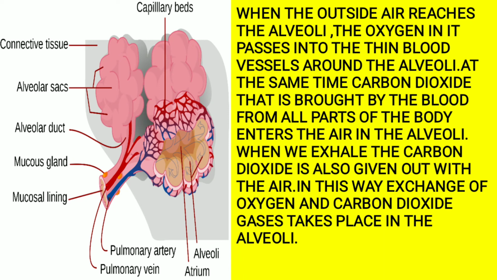And at the same time, carbon dioxide is brought out by the blood from all body parts, and it enters into the alveoli. So when we exhale, when we throw the air out, the carbon dioxide is also given out. And this way, there is an exchange of oxygen and carbon dioxide gases which takes place in the alveoli.